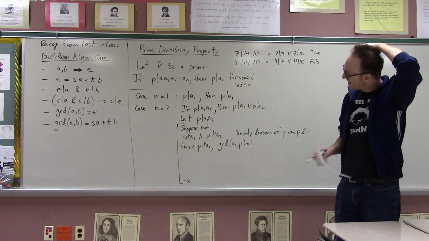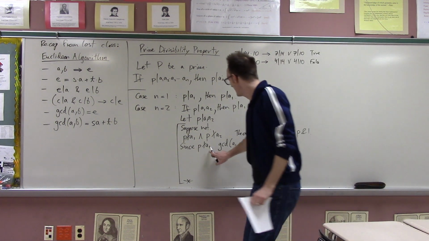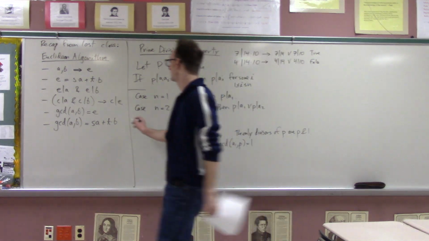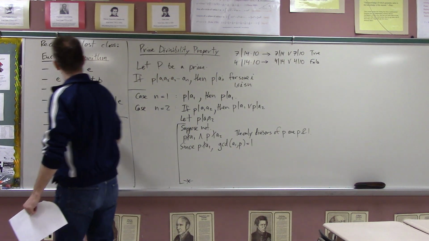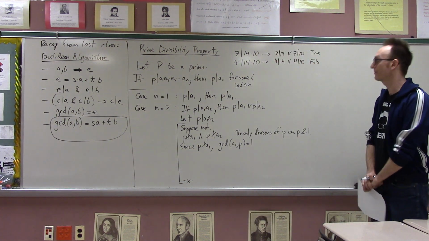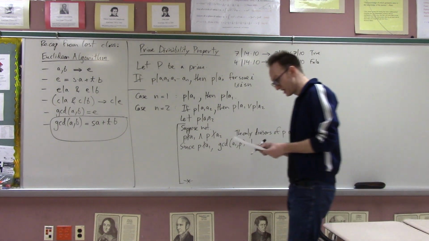Now it's totally non-obvious that this is a good idea, but we now reach for this very low-level fact about the GCD of two numbers, that the GCD of two numbers can be expressed as a linear combination of them.